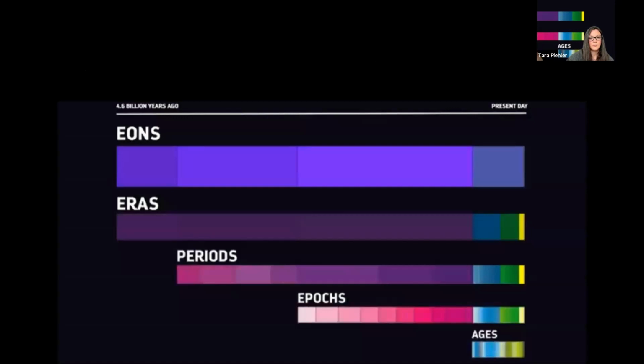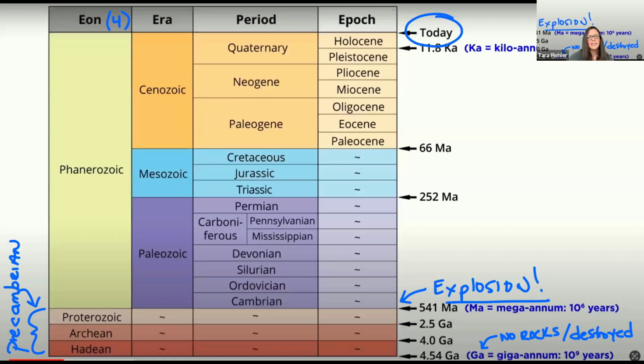And this is how they've divided each of the time scales up when you talk about paleontology or geology, right? So like when you say, oh, during the time of the dinosaurs, right? So if I said, I'm looking at Jurassic, what would that column be?